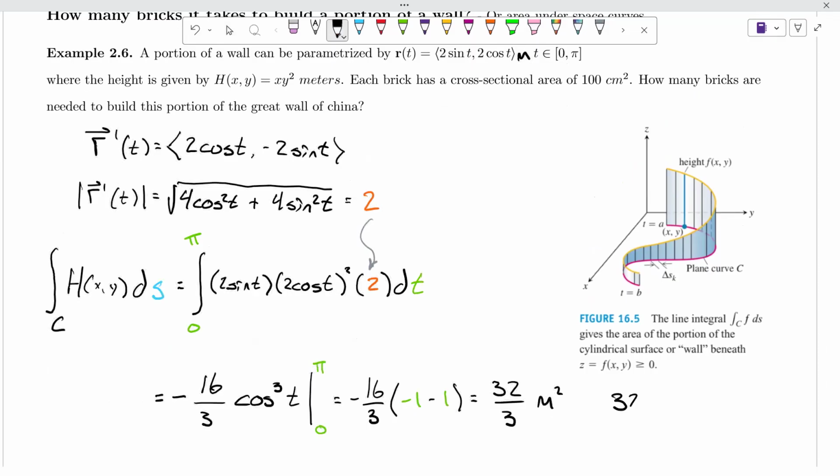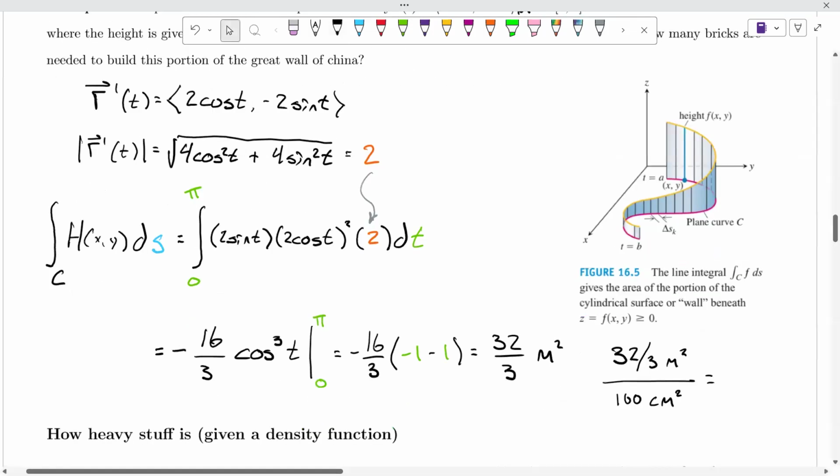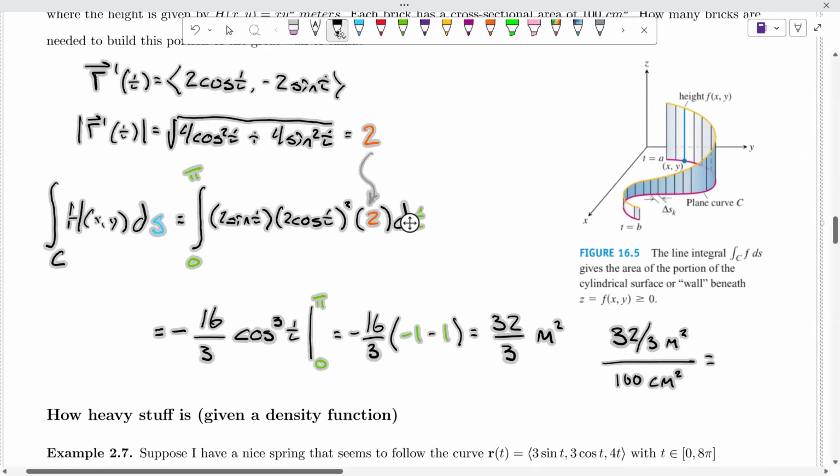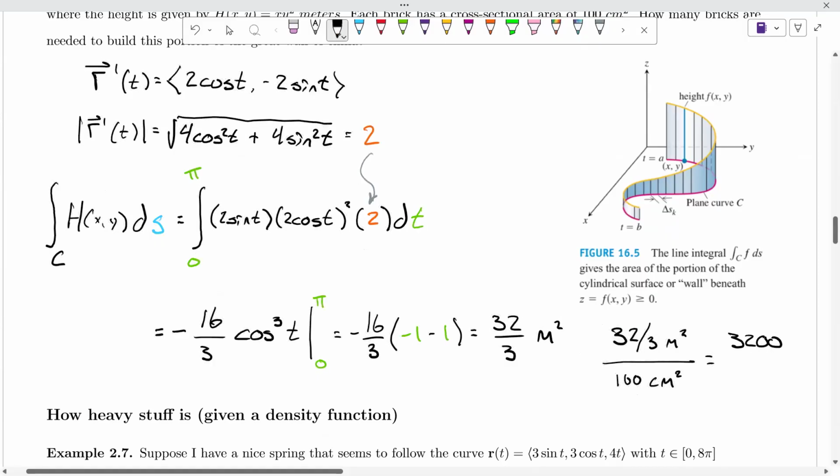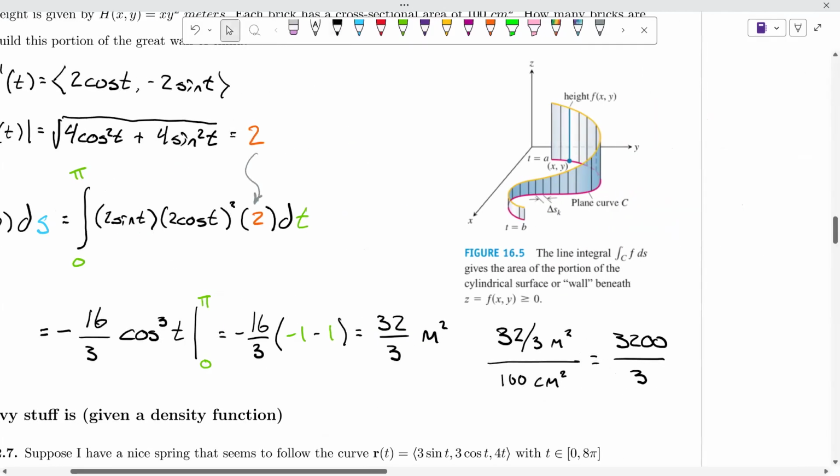My number of bricks would be 32 over 3 square meters divided by 100 square centimeters per brick, which is going to end up being, I think, 3200 over 3, if I convert those square centimeters to square meters. I'll get a number like that. And then I can approximate that to 1,067 bricks.